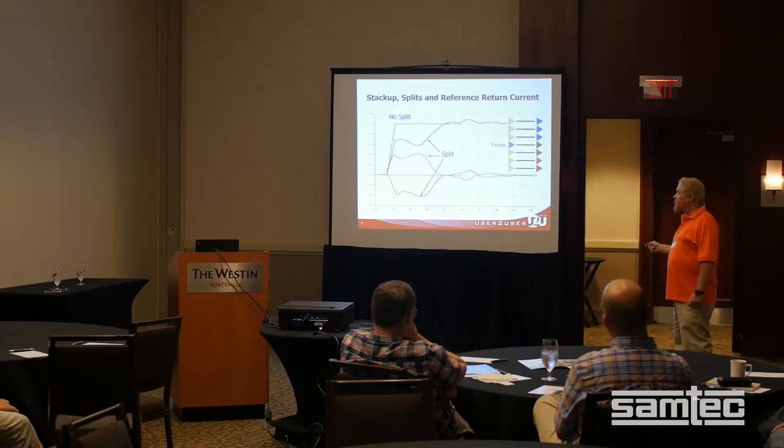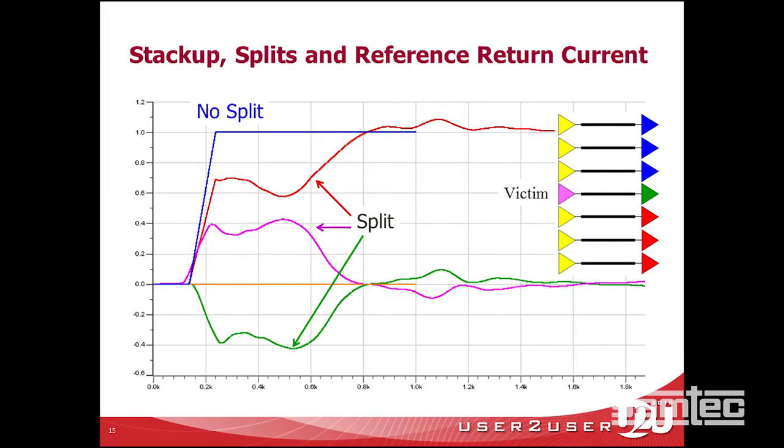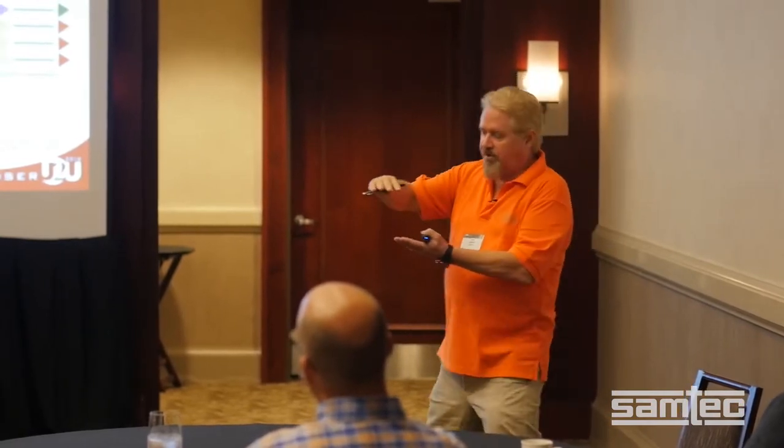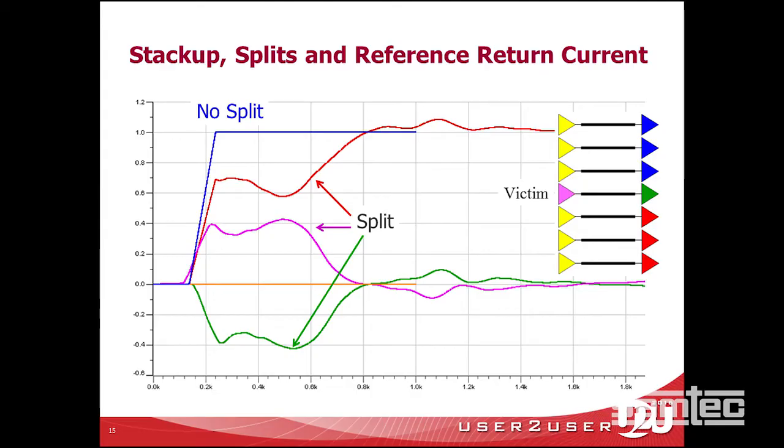Here's what it turns out when you cross over and change references. I don't think you want that. So if they're referenced to ground, you keep them on ground. If they're referenced to ground and power, you keep them on that. If they're referenced just to power, you keep them referenced to power and you don't change it. If you do, instead of the nice blue line, you'll get these, and that's an incredible amount of noise.